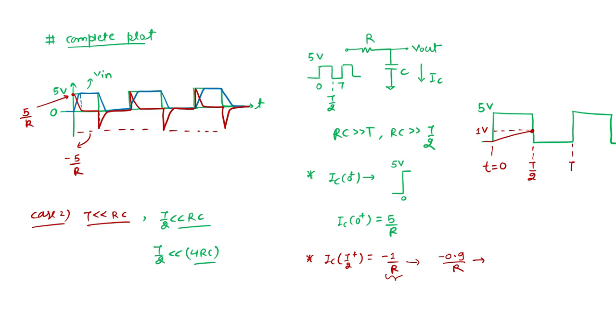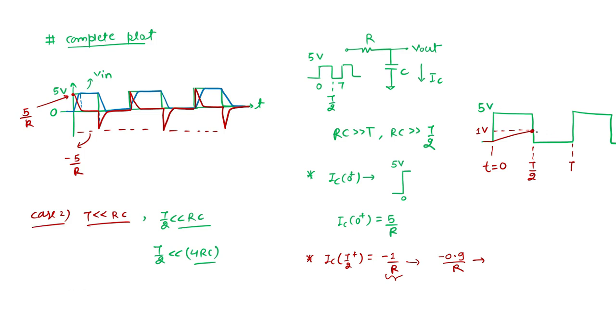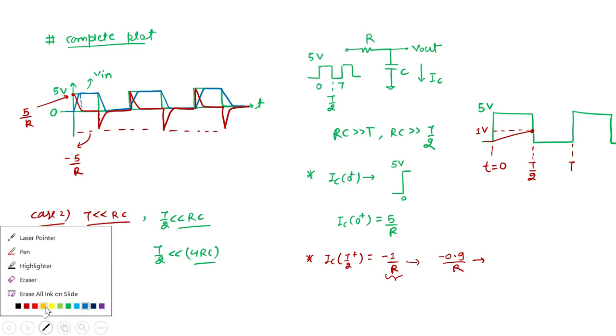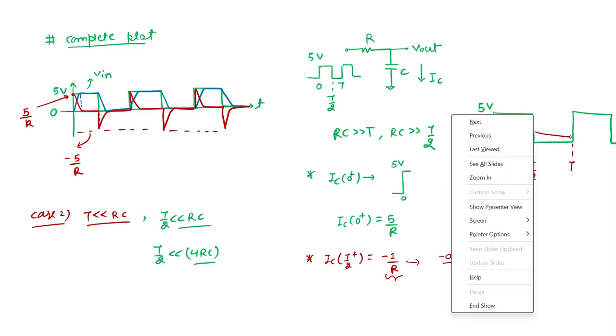So the capacitor does not have much time to discharge, so it will reach some value which is lesser than this 1 volt. It will discharge, but the complete discharging will not happen here.